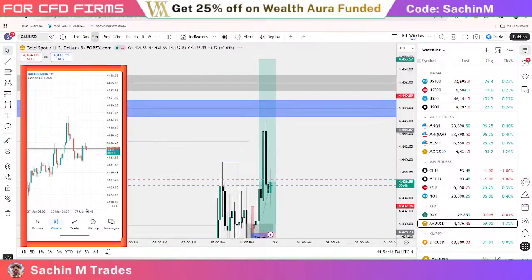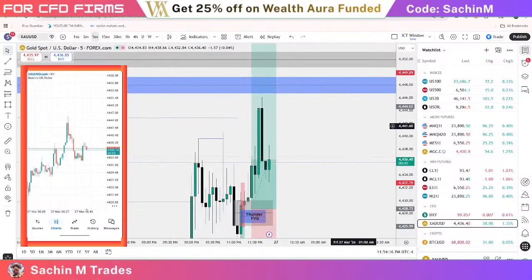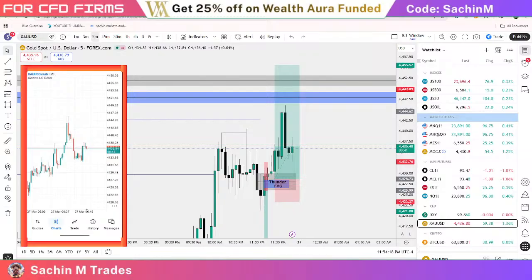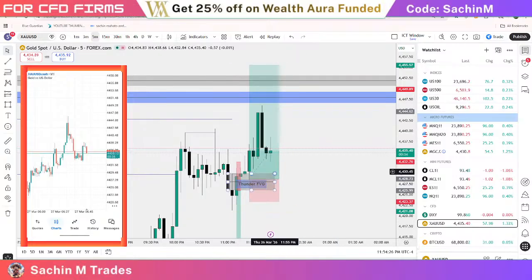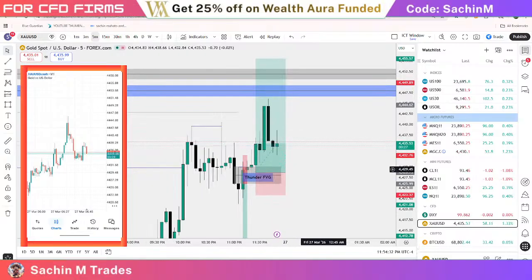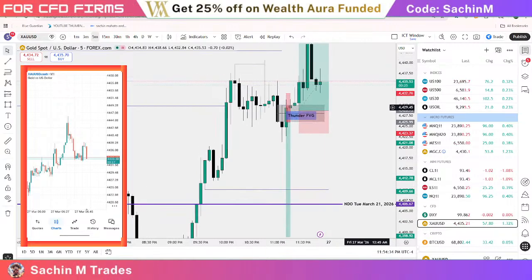Let's look at the 5 minutes time frame. On the 5 minutes time frame we had an engulfing candle according to retail logic, but we are with thunder, so I will just say believe in thunder. Believe in thunder. We are bullish in the marketplace.